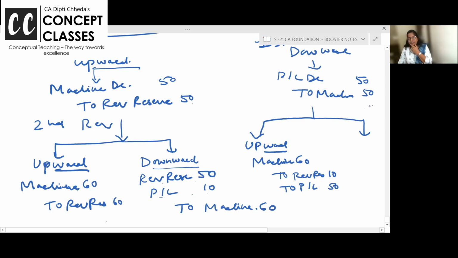P&L to machine, 50-50, that is fine. Now machine upward is 60. Increase the machine's value: machine to revaluation reserve. Revaluation reserve only 10 will go, as what debit you have done in P&L, you should credit. So upward. Now downward. First also downward. Now also downward. P&L account debit to machine 60-60.